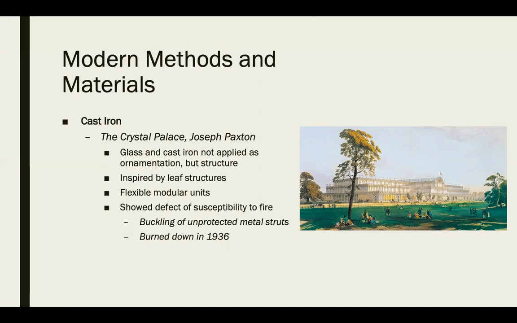Cast iron was popular earlier on, but it did show some defects and susceptibility to fires. The buckling of the unprotected metal struts caused this building to burn down in 1936. So this one had a little stint where it was popular and then quickly became outdated.